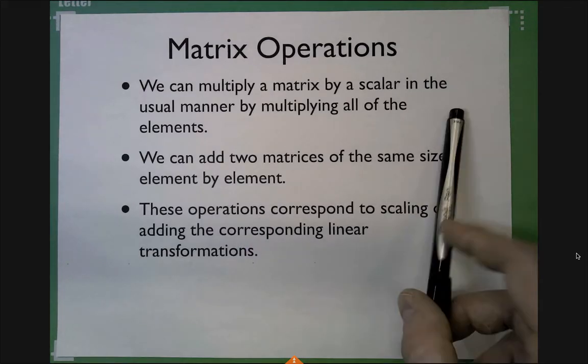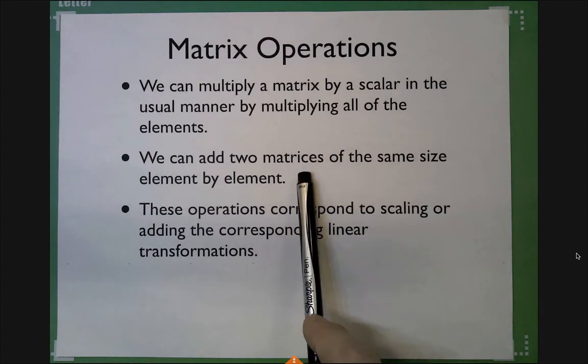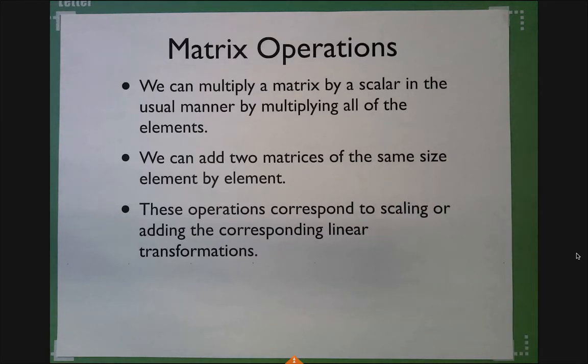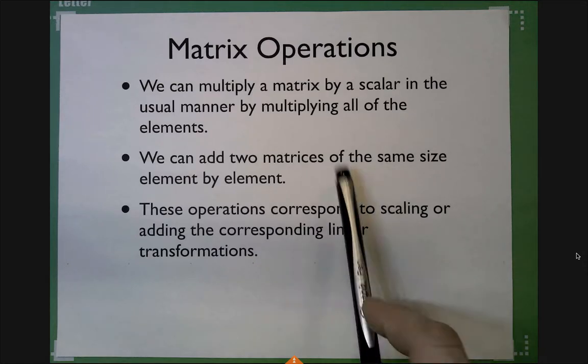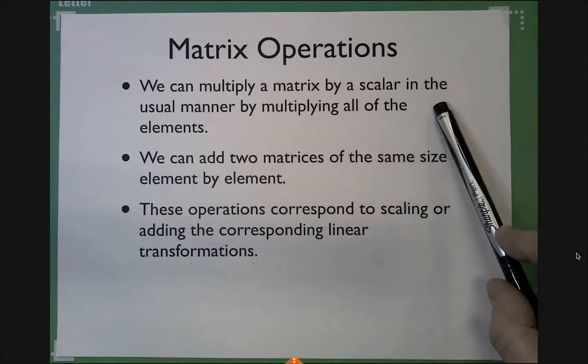Matrices you can also multiply by a scalar, just like a vector. You can add two matrices of the same size together. The matrices must have the same number of rows and the same number of columns, otherwise that would not be defined. This is my scalar multiplication, this is my vector addition.